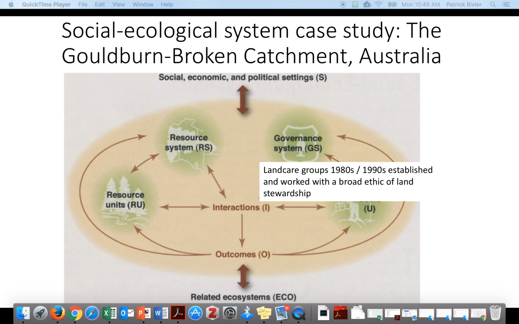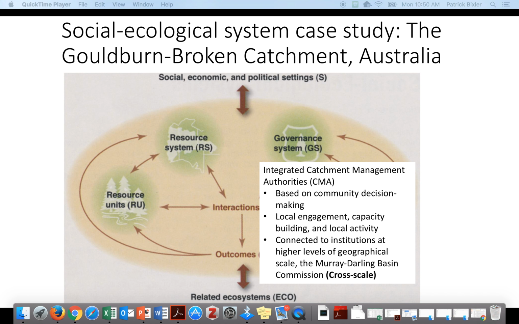These authorities were set on community-based decision-making. They kind of grew out of the Landcare movement, encouraged local engagement, capacity building, or local activity, and connected to institutions at higher levels of geographical scale. So those cross-scale interactions. And really what you're seeing here is what we call a system of adaptive governance.